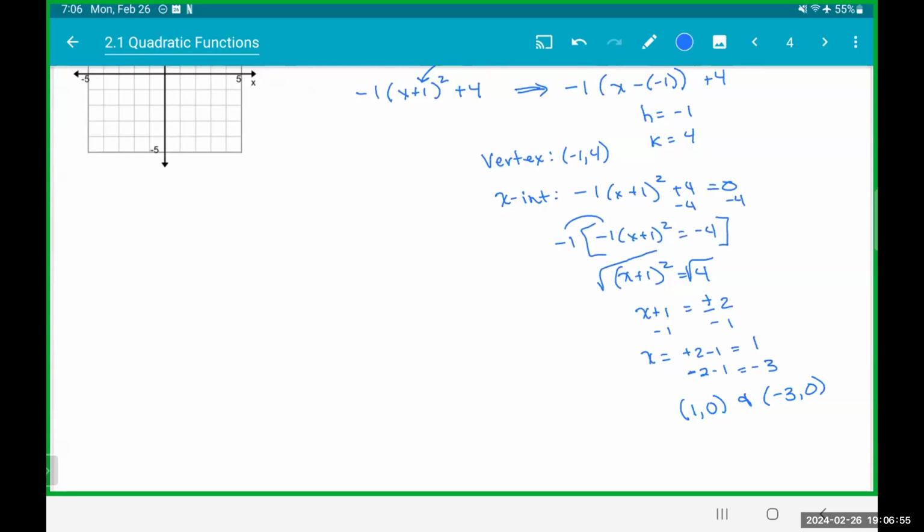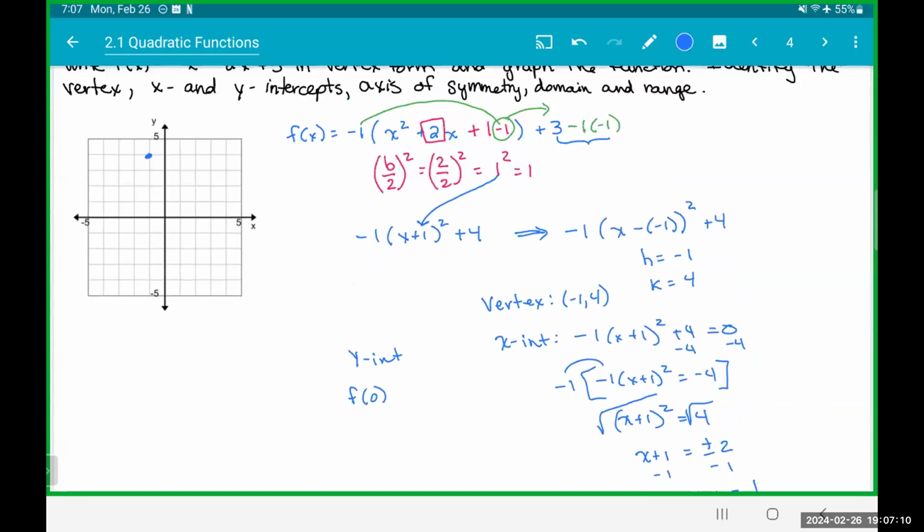Okay. For the y-intercept, remember we're just setting our x equal to 0. So that is -1 times 0 plus 1 squared plus 4.